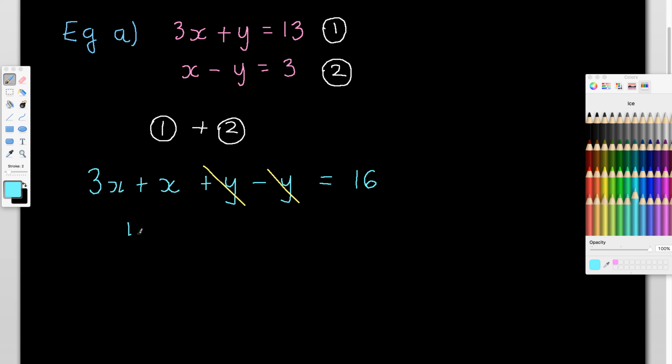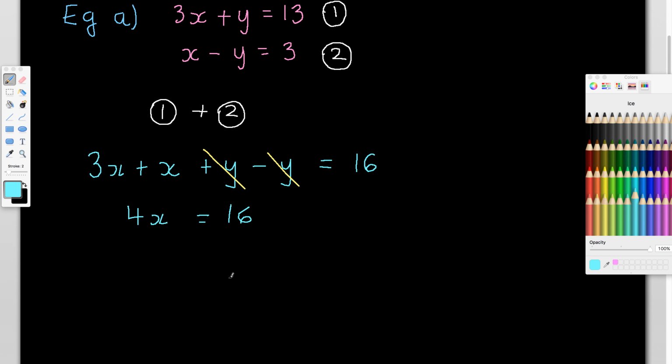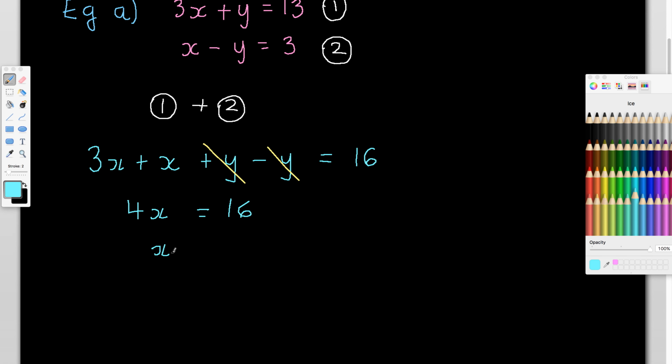I will collect like terms. So I've got 4x equals 16. So therefore x is obviously equal to 4, because x is 16 over 4. So there I have my x value that is part of the solution to my simultaneous equations.